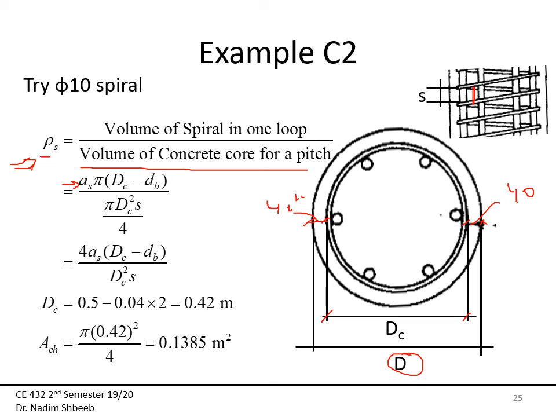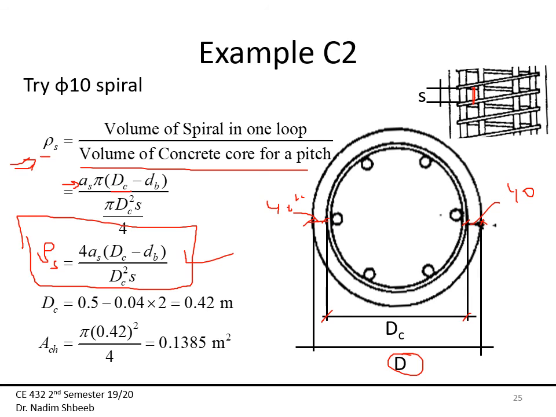So that's the definition of DC right here. And the volume of one concrete pitch is going to be pi times DC core inside times the spacing divided by 4. So the rho s that I'll be using actually is this equation.